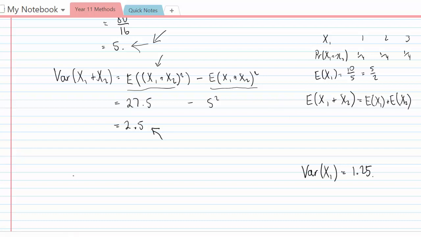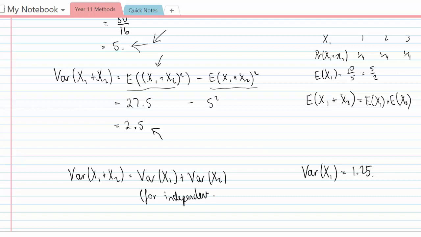And so we can say that the variance of x1 plus x2 is equal to the variance of x1 plus the variance of x2. However, this is for independent events only. Okay, so that's the two different situations that we can consider there.